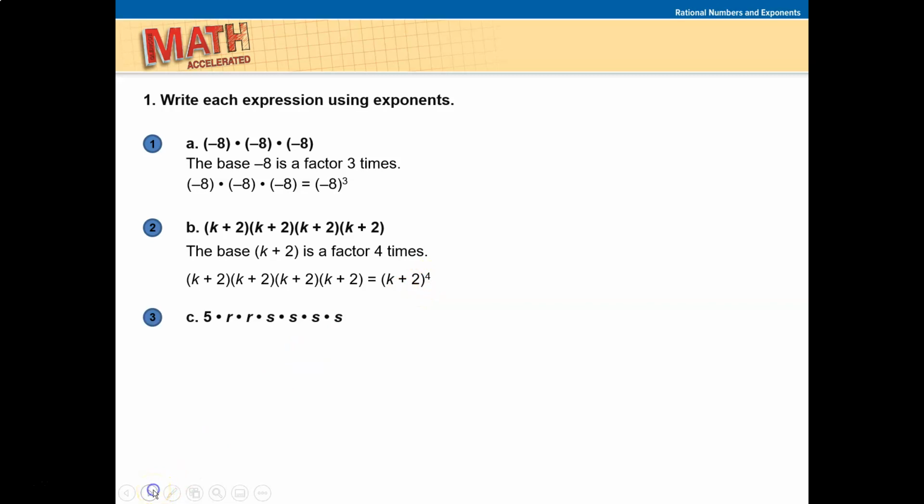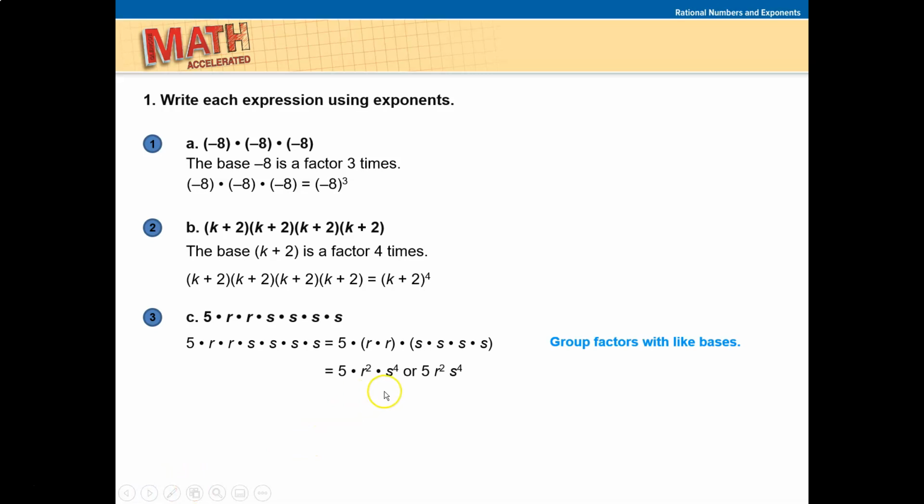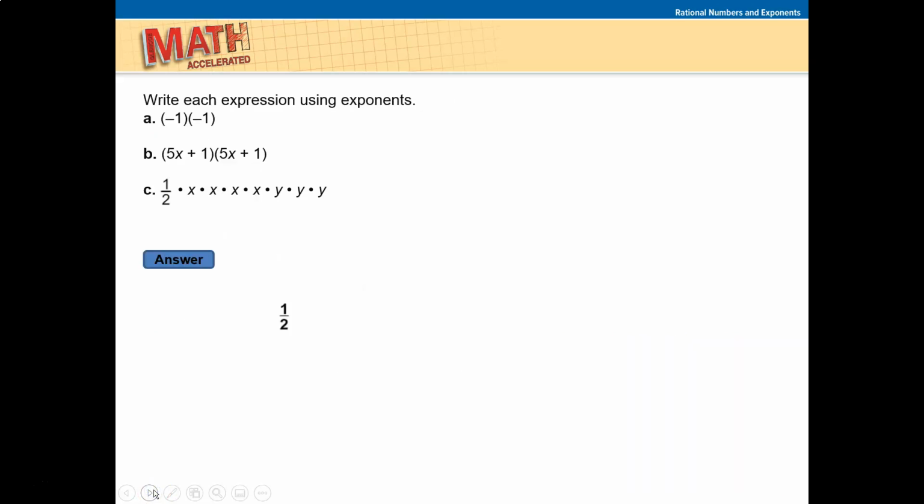Our final one, 5 times r times r times s times s times s times s. We have 5 times r squared times s to the 4th power. You would write it as 5 r squared s to the 4th. Pause the video and try these on your own.